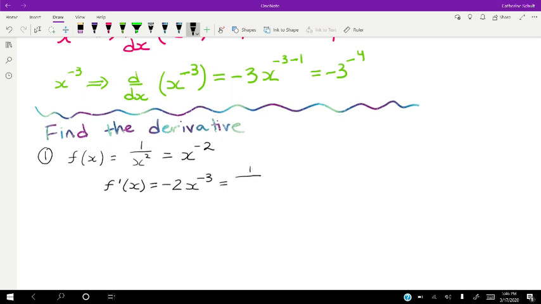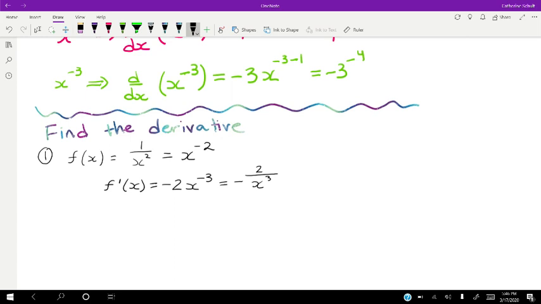Or, whoops, let me erase that. Or we can write it without a negative exponent. So since the negative exponent is on the x, we can move the x cubed down to the denominator. All right, so we could do something like that.